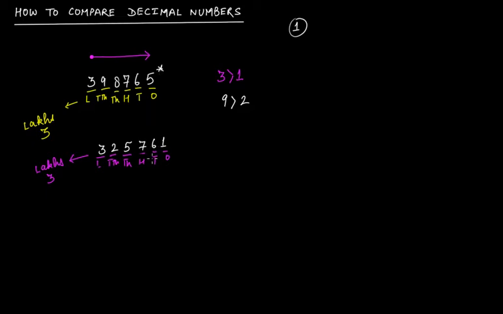Now if you're wondering why we are revising the comparison of whole numbers, you would be saying, hey, we know that. These steps will be required when we are going to learn how to compare decimal numbers. So let's begin.